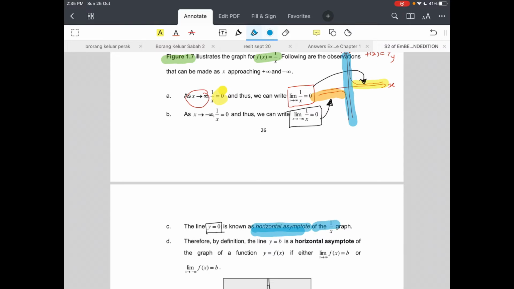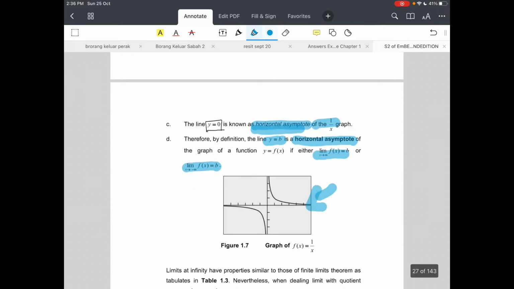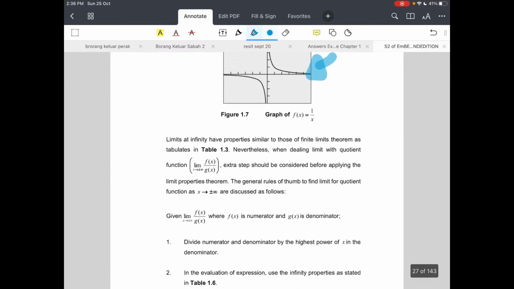By definition, the line y equals b, where b can be any number, is a horizontal asymptote for the graph of a function if either the limit as x approaches infinity equals b, or the limit as x approaches negative infinity is also equal to b. This is the graph that I redrew just now.